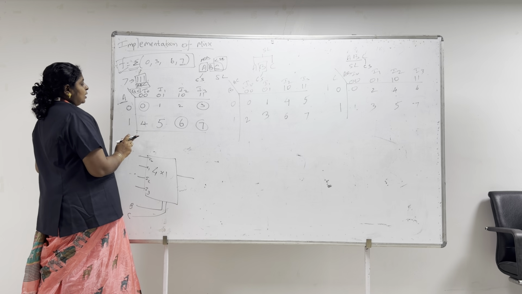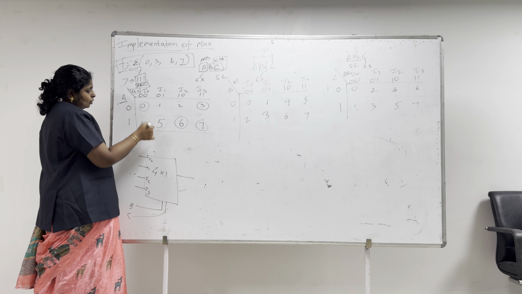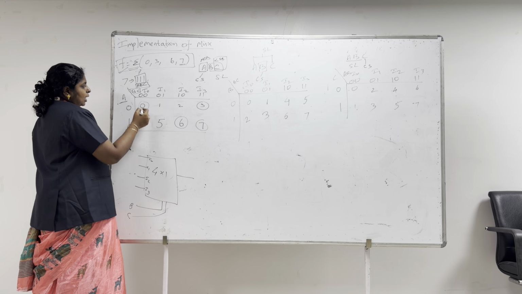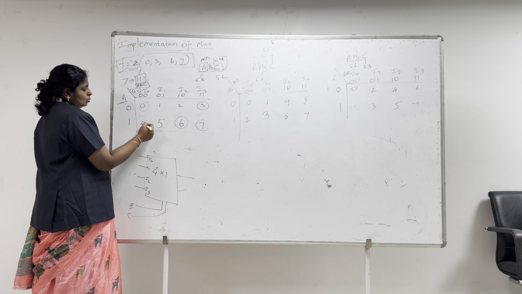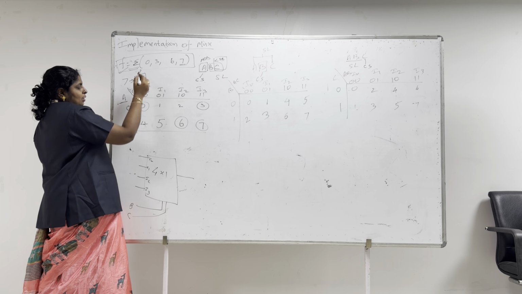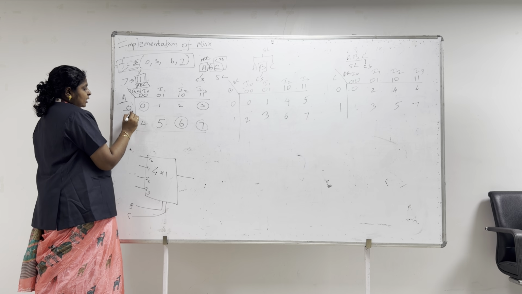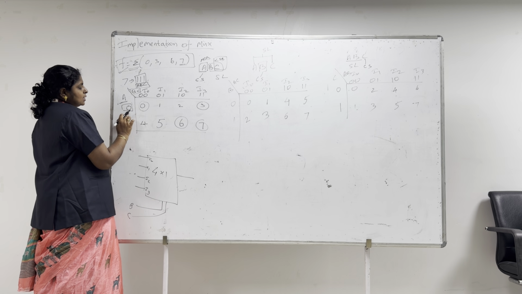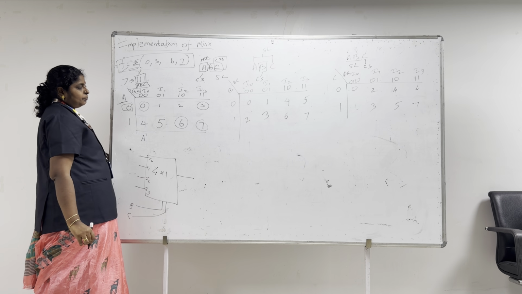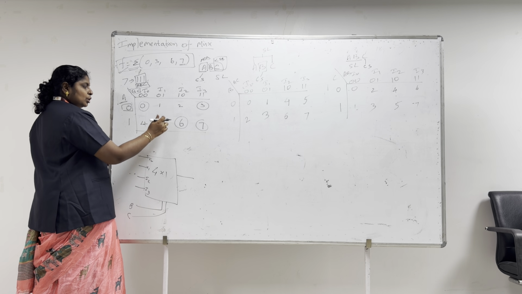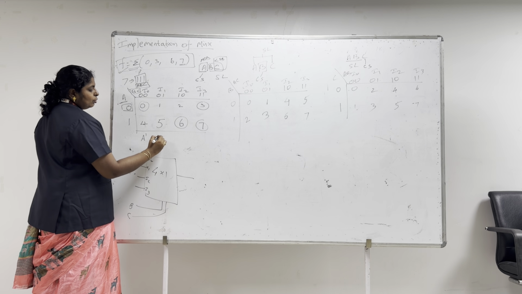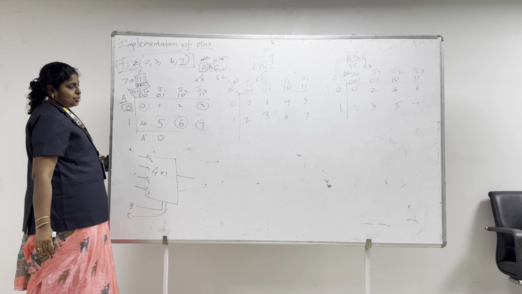Now you have to check I0, I1, I2 and I3. Column wise for I0, among these two, only one has been bubbled, that is, only one is in the logic. Whichever is bubbled, what is the control signal? A value is 0 over here, therefore it should be represented as A bar. Similarly over here, both 1 and 5 are not in the logic given to you, therefore it should be taken as 0.